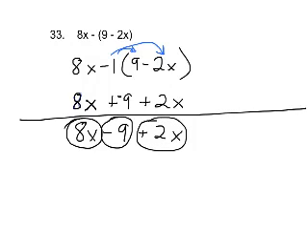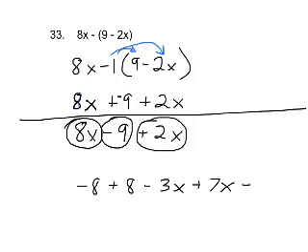When you see a list of terms, let's say you saw negative 8 plus 8 minus 3x plus 7x minus x minus 9. We could think of those as all separate terms with a sign on them.